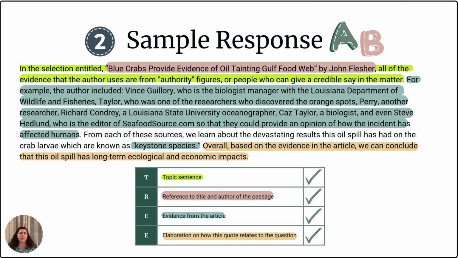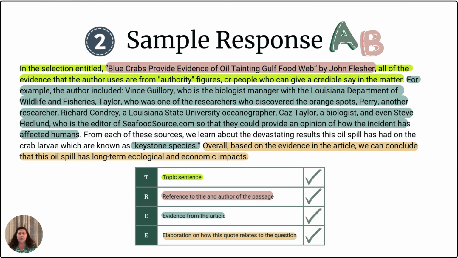Please, please, please be sure to write the full title, even though it's long, so you can communicate to your teacher or the person grading your paper that you understand that that's the official title of the piece. Next, please be sure you use the first and last name of the author in order to give credit to them.